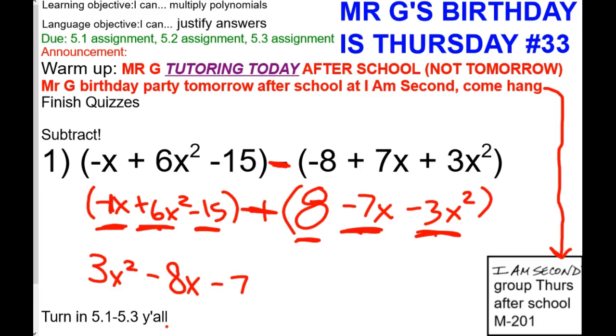Make sure you're turning in 5.1 through 5.3, but we got to get through 5.4 notes, okay? I didn't get 5.3 notes. True, but well, I got to go through this. Tomorrow we'll have a day. I'm sorry, but I'm here after school or in the mornings.